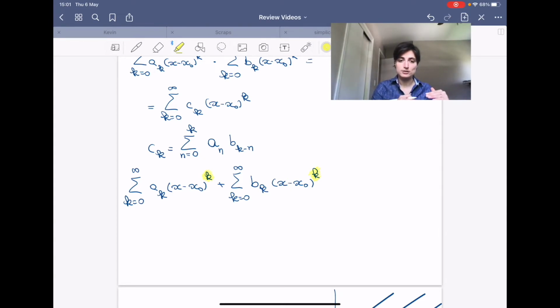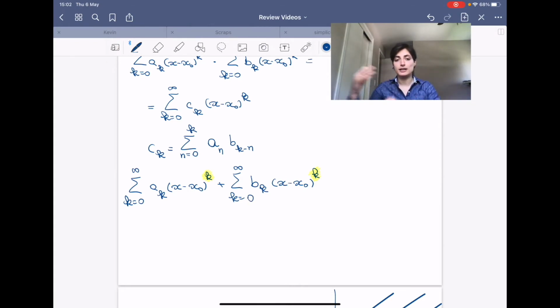If the boundaries are not the same, then we have to adjust it. So if, for example, this was for k going from 1 to infinity, then we have to adjust it in the sense that we either split it with k going from 1 to infinity for the first series as well, or we have to add the 0th term to the b series.